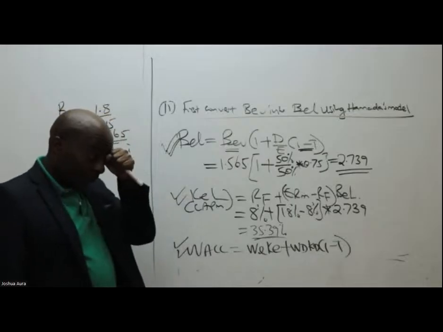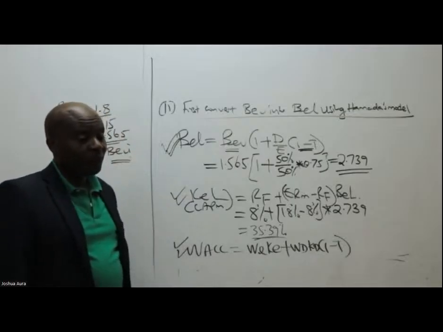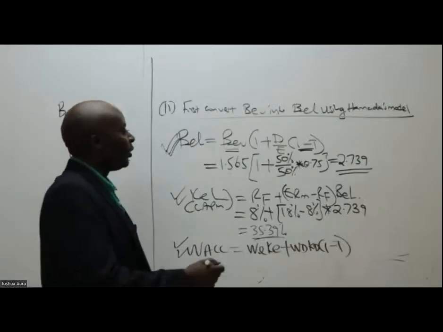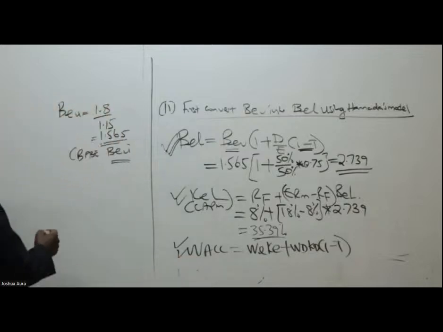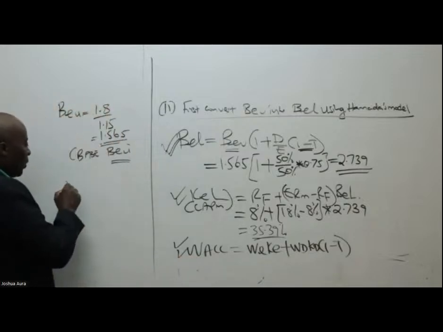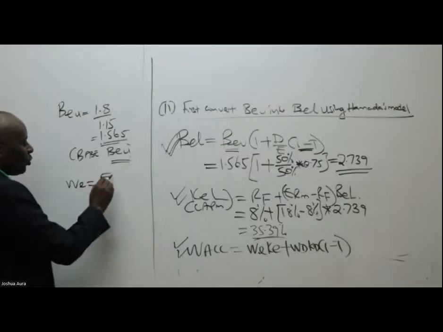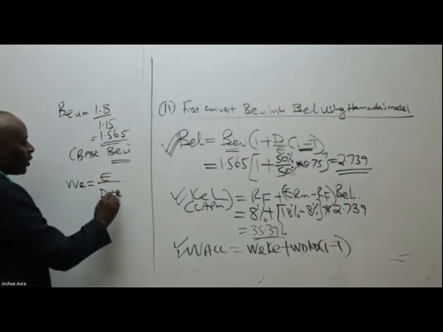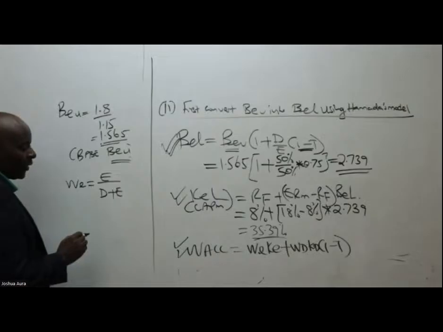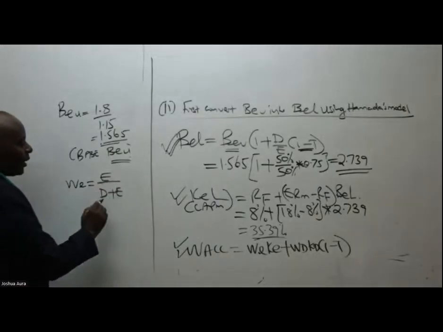Let's see. Or weight of debt. So remember that the weight of equity really is 0.5. The weight of equity here will be the equity component over debt plus equity. So the equity component, you guys gave me 50.